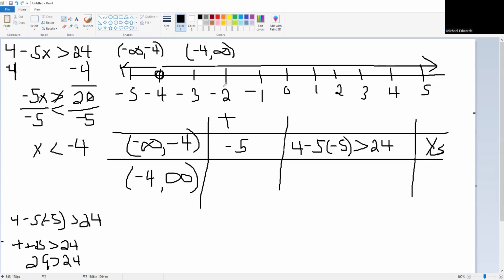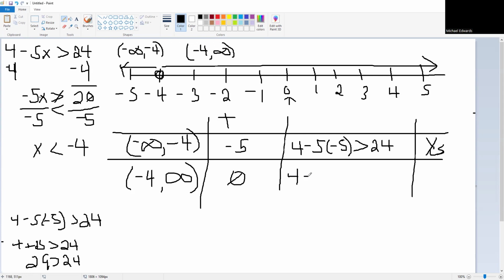All right. Now, -4 and infinity. Let's pick an interval. So we're going this way. I'll tell you what, let's pick 0. If I had the opportunity to pick 0, it may be the best one. I don't know what the book chose, but looks like the book chose 1. We're choosing 0. 0 is easier to solve.